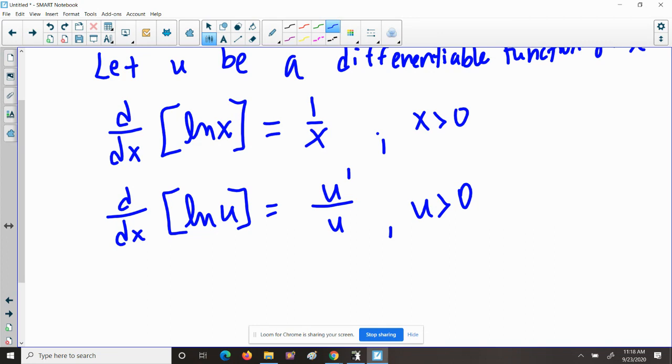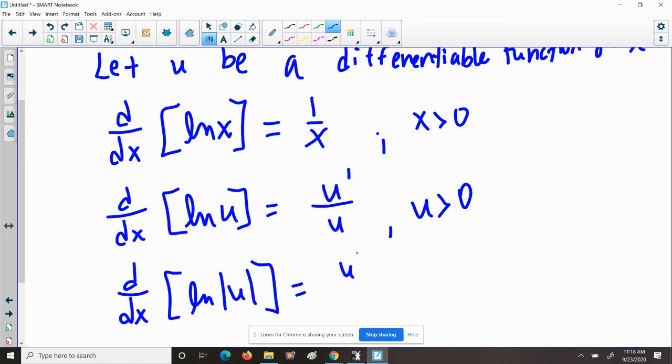We can't take the natural log of 0 or a negative number. One other that I want to make sure that I point out because it has to do with absolute value, the derivative of the natural log of absolute value of u is still u prime over u, provided that u is not equal to 0.